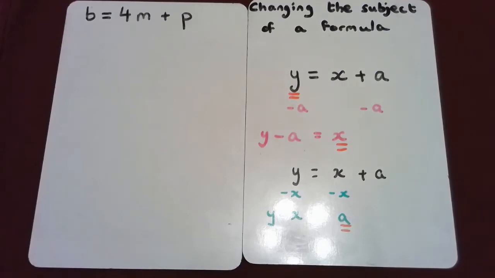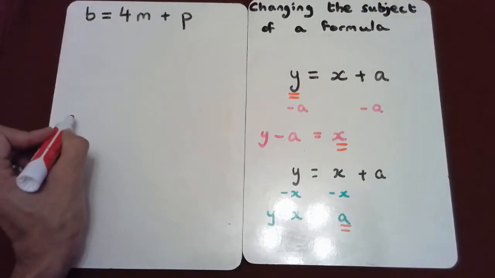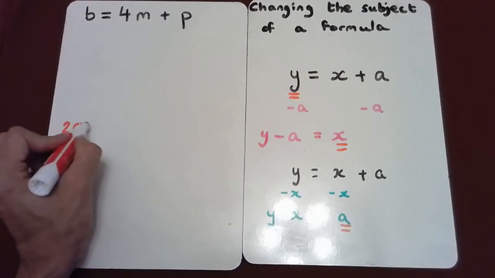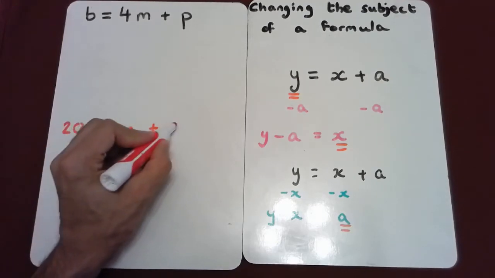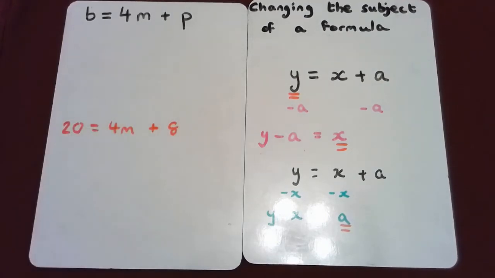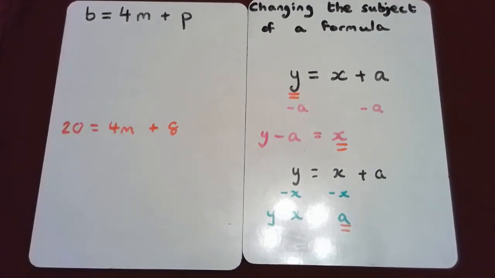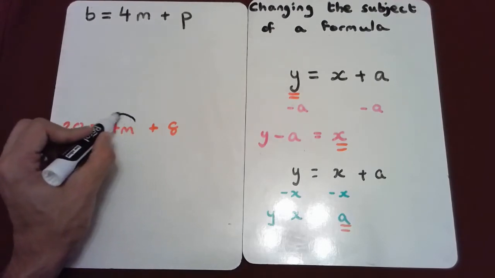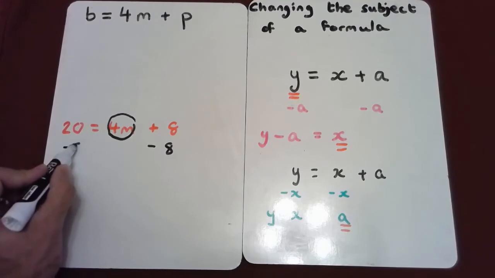Now, if we think about this as if it was with numbers and we were trying to make m the subject, let's say, for example, I had 20 is equal to 4m plus 8. If I wanted to find m in this case, I'd want to get m on its own and solve this equation. So when we're solving a question like this, the first thing we do is we want to isolate the term with the unknown in, and we do that by taking away 8 from both sides.